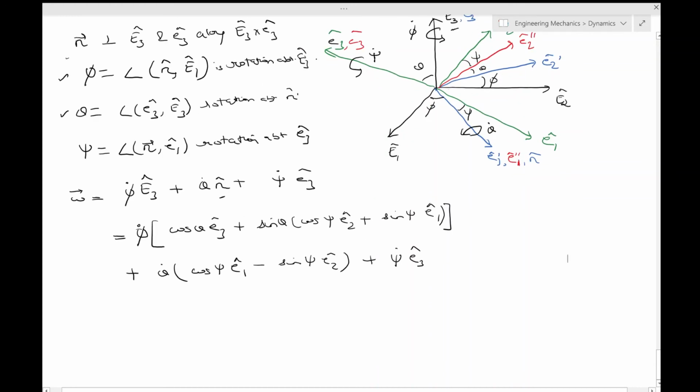Okay, so once this is done, you can write omega, so you club all the E1 terms separately, club all the E2 terms separately, and E3 terms separately.